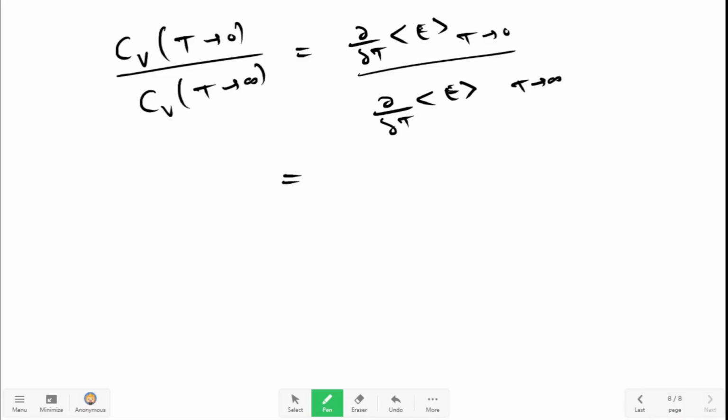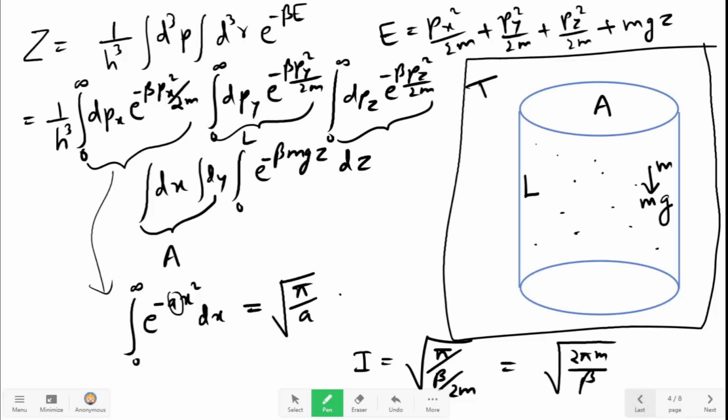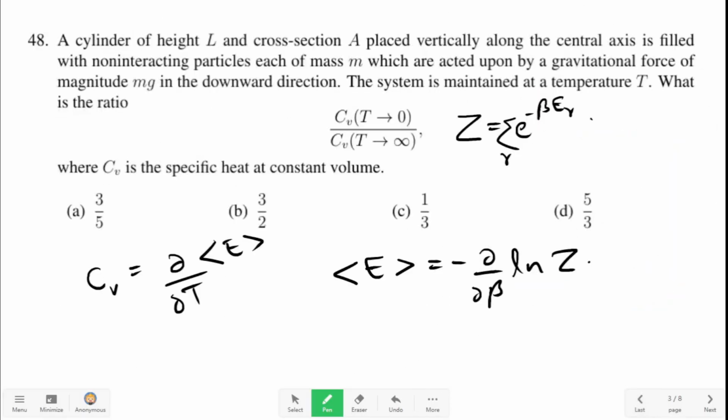So this is equal to 5/2 kB divided by 3/2 kB. This is equal to 5/3. So the correct option here is 5/3.